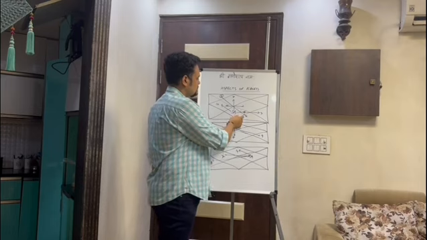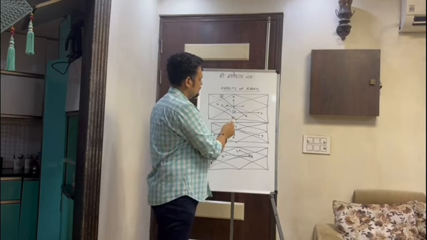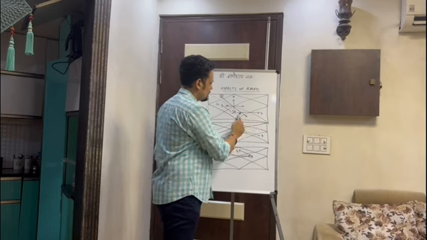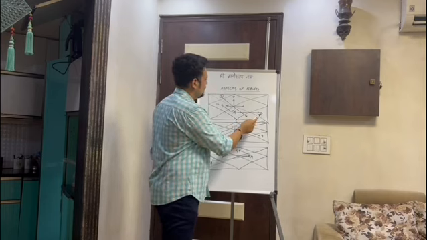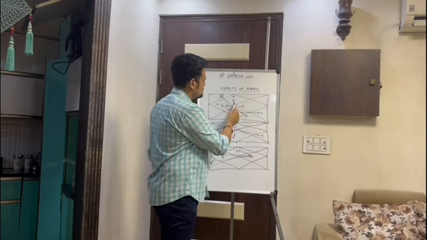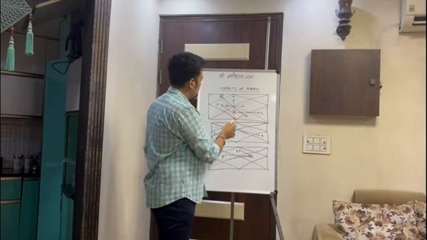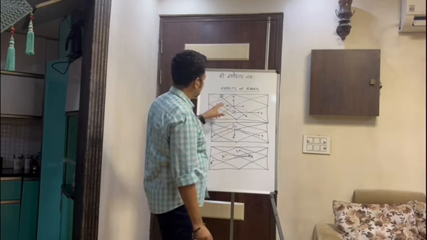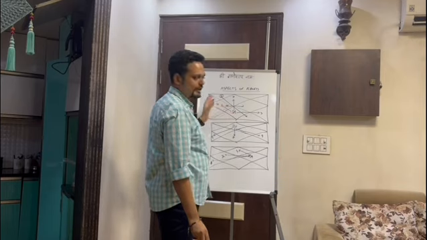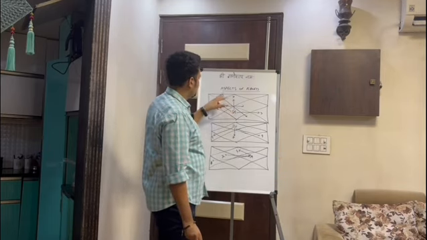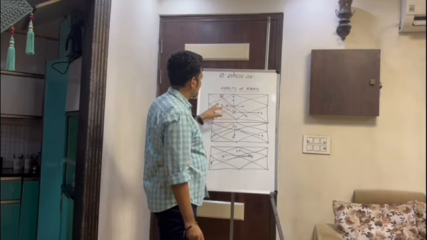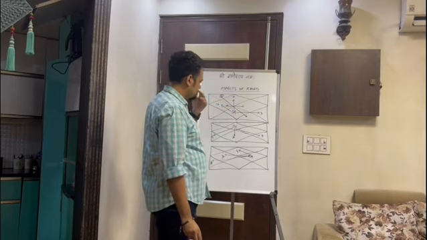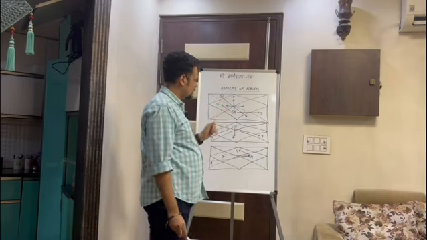This is the 7th house, but Saturn has the 3rd aspect here, which lies in the 9th house, then it has the 7th aspect, which is just opposite, and also the 10th aspect. 7, 8, 9, 10. Saturn has the 10th aspect. So 3, 7 and 10. These are the aspects of Saturn.